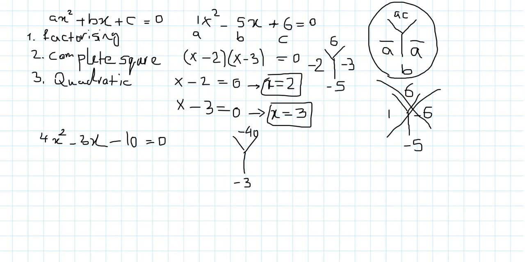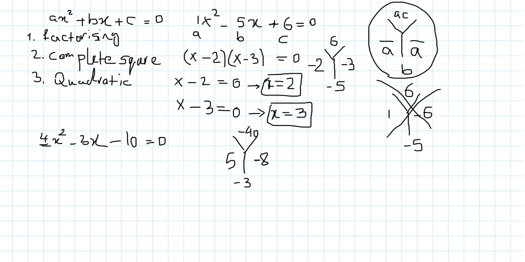Easily I say 5 and 8. Okay, but here I have a sign problem, so it is not accepted. At first check the sign. Because the sum is minus 3, the bigger number should be minus. So 5 times minus 8 is minus 40, and 5 minus 8 is minus 3.